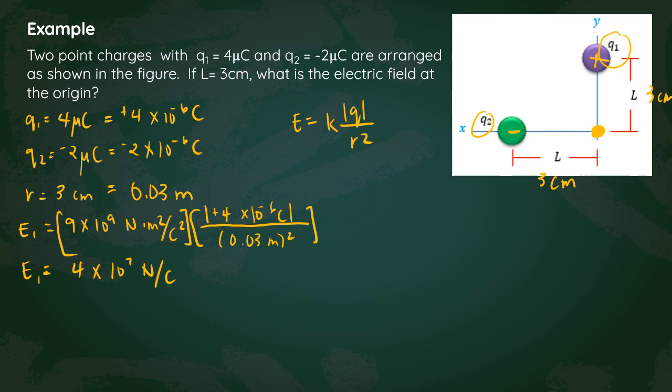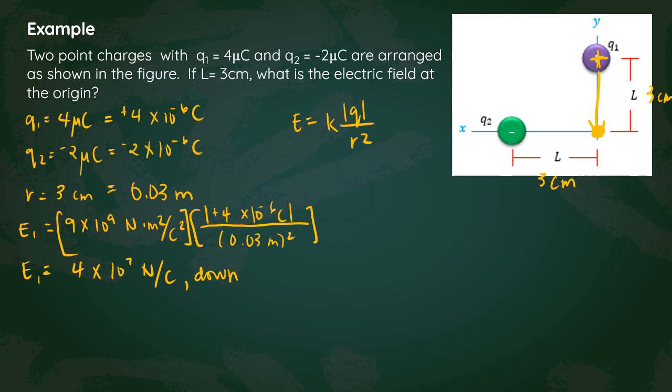Since Q1 is positively charged, it will have an electric field moving away from it. Therefore, this point here will experience an electric field, if we look at it in the Cartesian coordinate plane, going down. So directed downward.